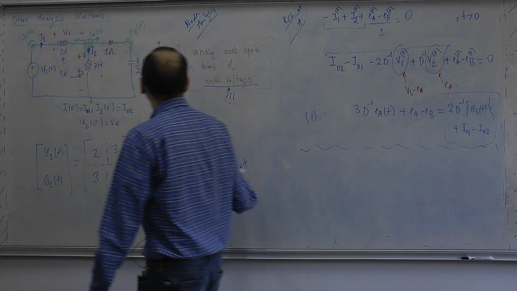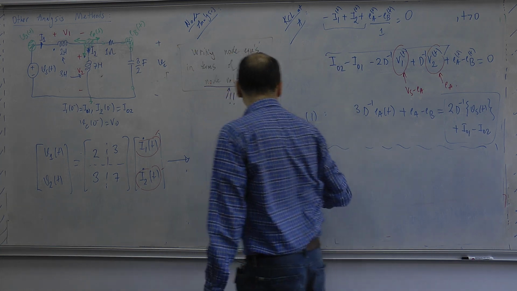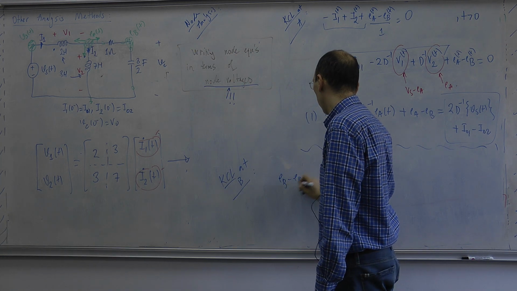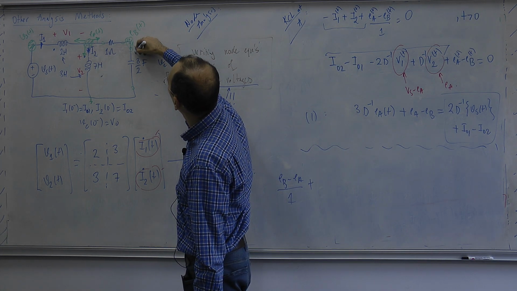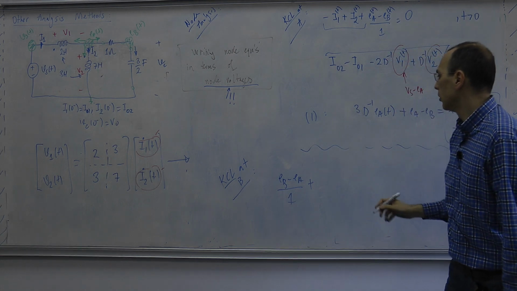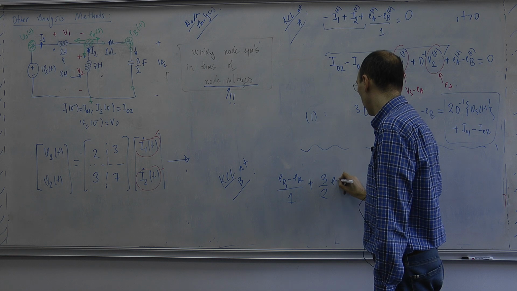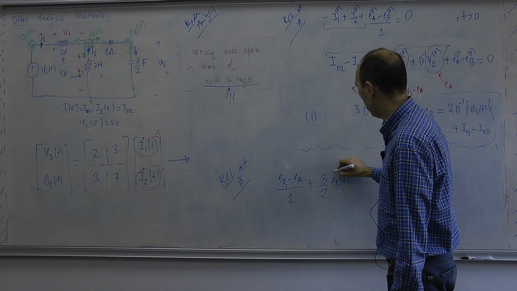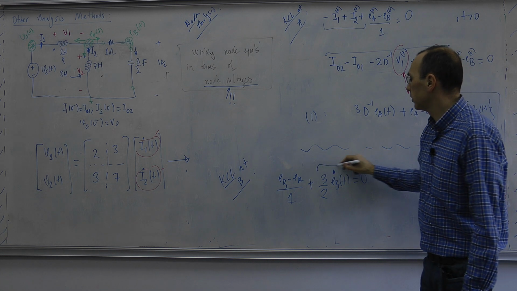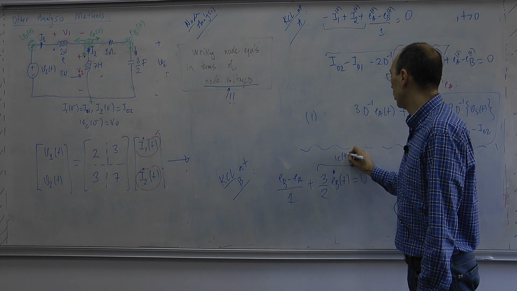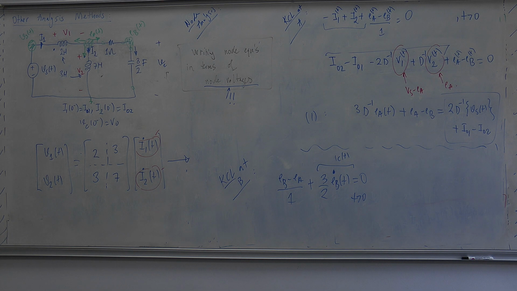Well, KCL at B. So let's check this. So again, I think we can write this somewhat easily. Plus, what is this current going this way? Okay. So that is IC. So this is 3 over 2. Right now we are more familiar. EB dot is equal to 0. Okay. So this is IC of t. Again, this is supposed to be valid for all t greater than 0.